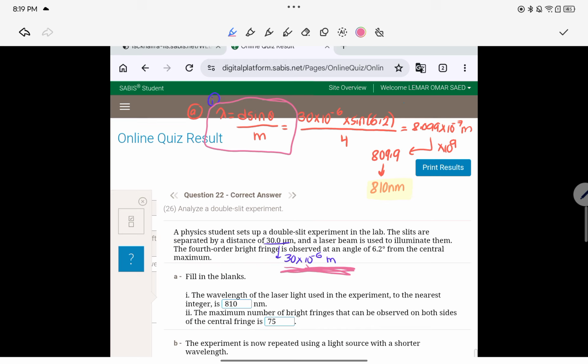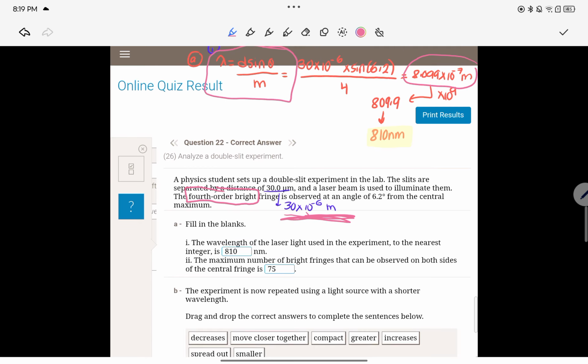And we know m is equal to 4 because they said the fourth order bright fringe. You get this in meters. You have to multiply by 10 to the power of 9 to get it in nanometers. You get 809.9, so now you'll make it 810 nanometers.